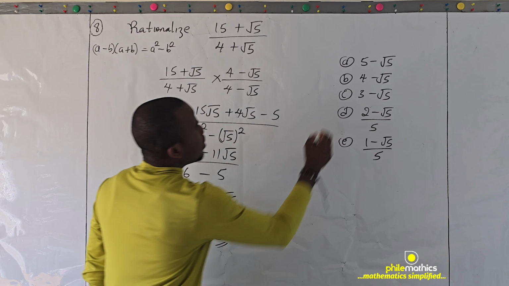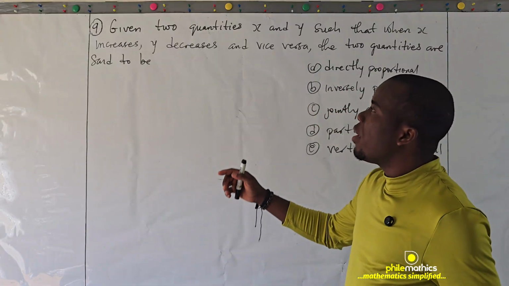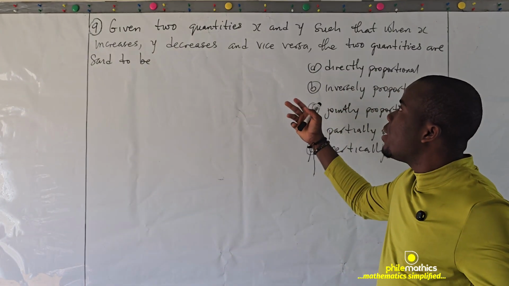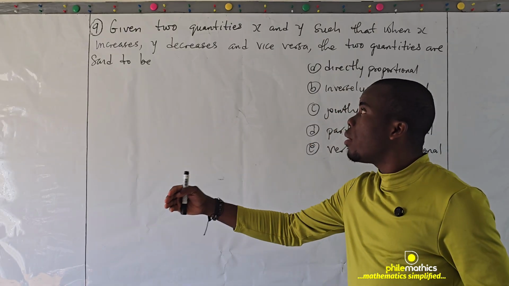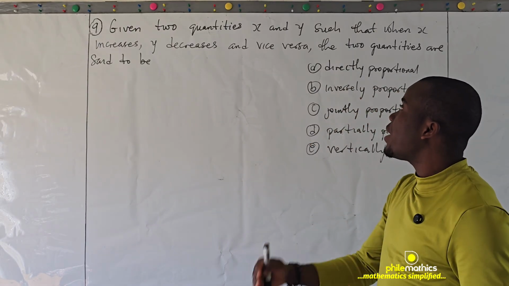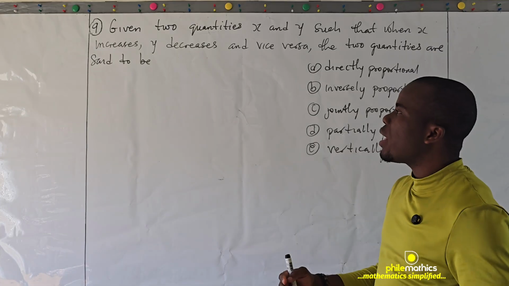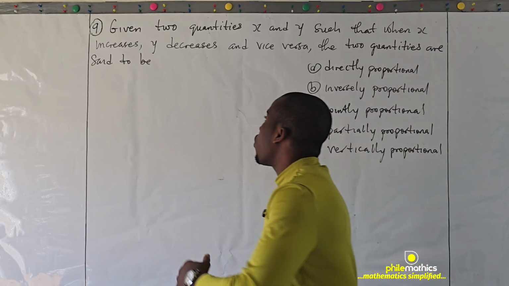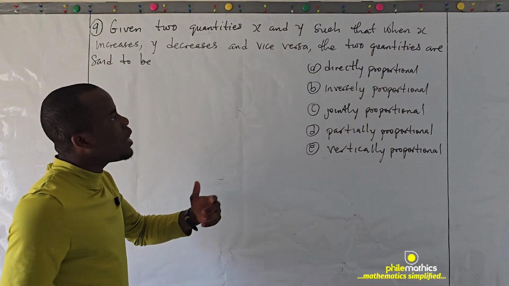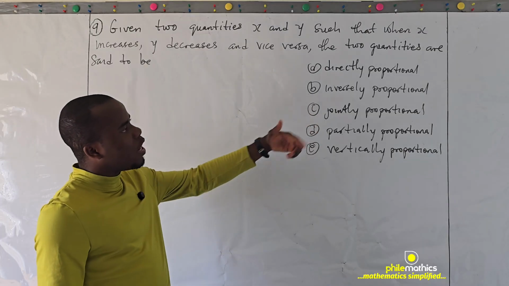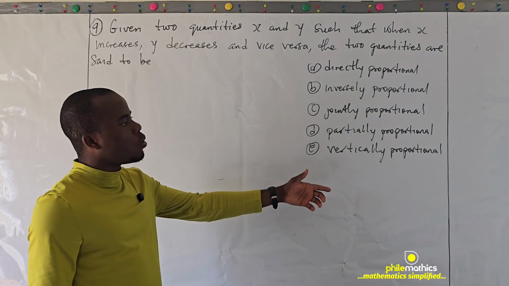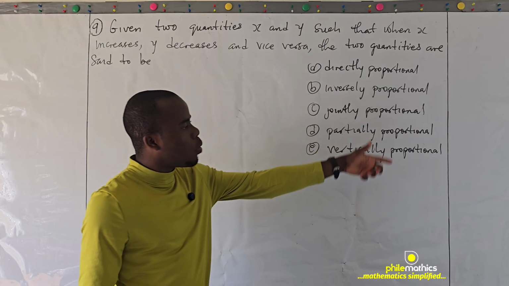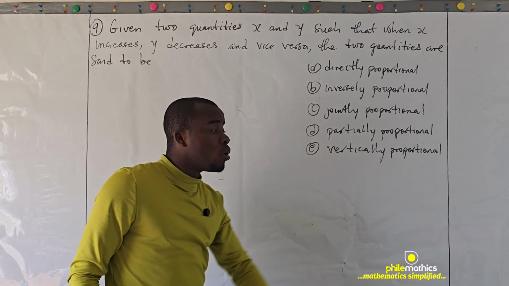And that's A. We are told that given two quantities, x and y, such that when x increases, y decreases, and vice versa, the two quantities are said to be what? So for you to answer this accurately, you should be able to know what direct proportion is, inverse proportion, joint proportion. There's nothing like partial proportion or vertical proportion.